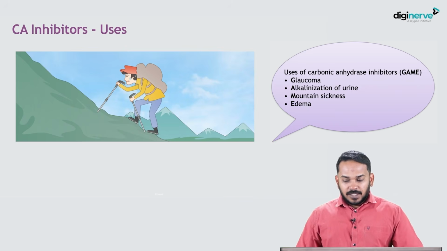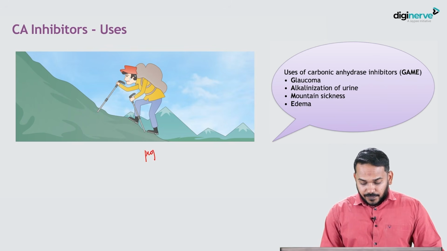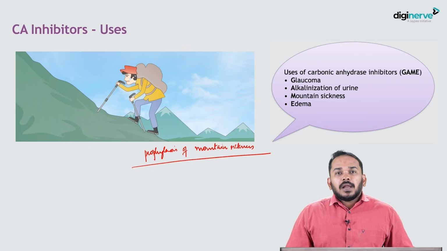Carbonic anhydrase inhibitors are also used for the prophylaxis of mountain sickness. In mountain sickness, there is development of cerebral edema and pulmonary edema as a result of hypoxia.